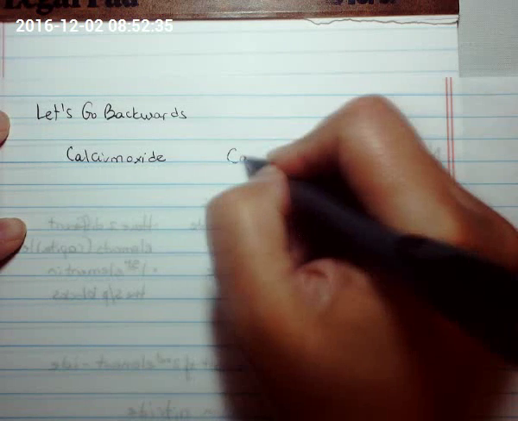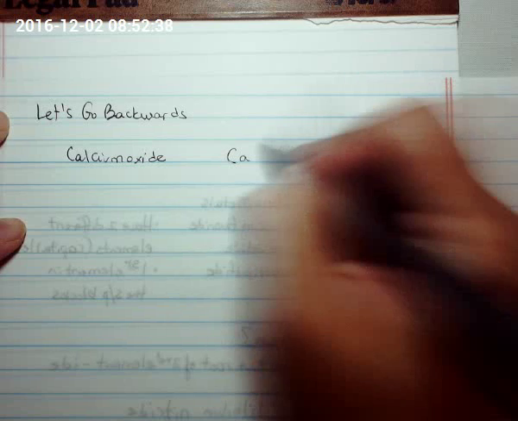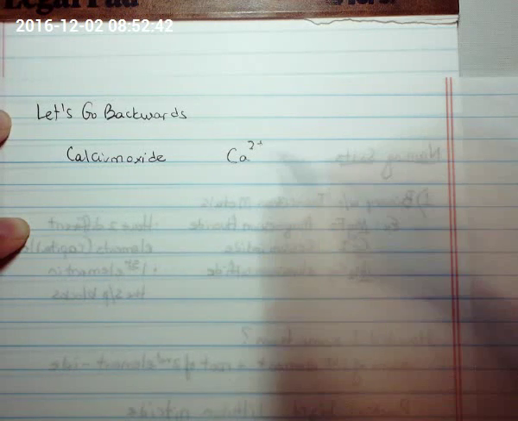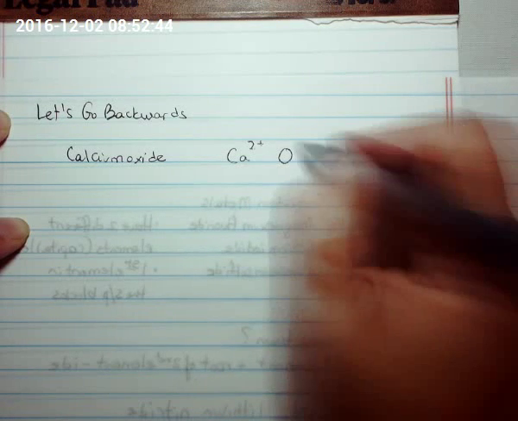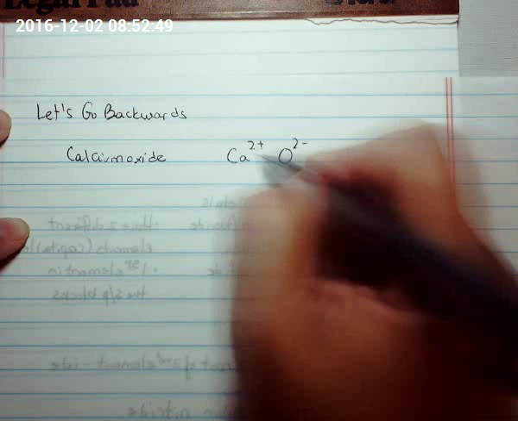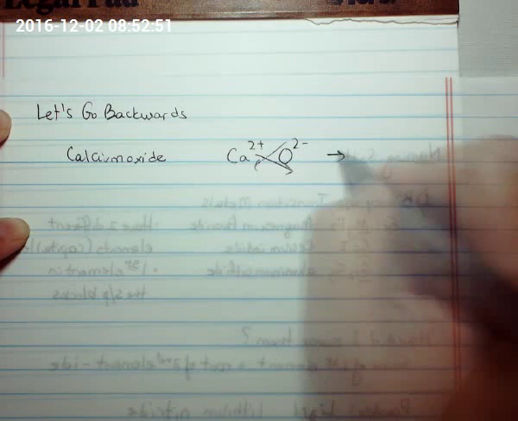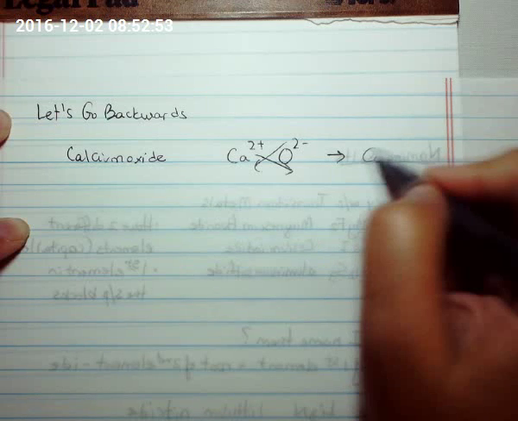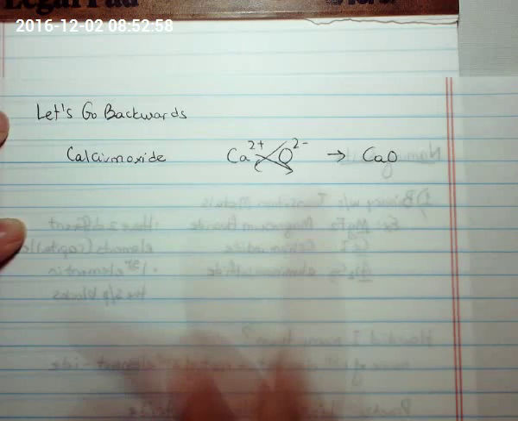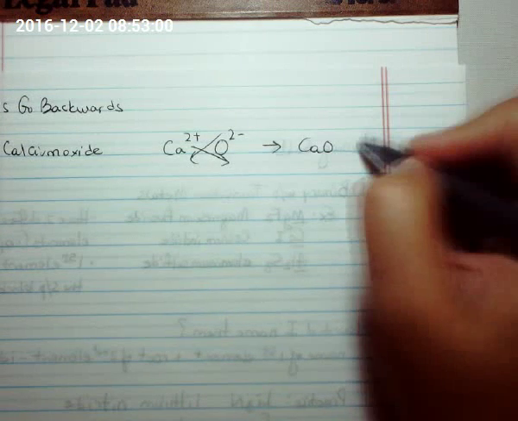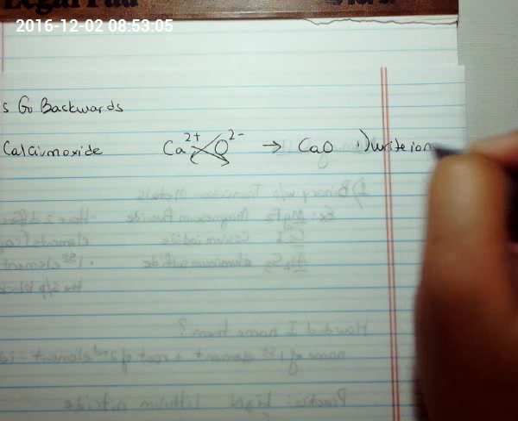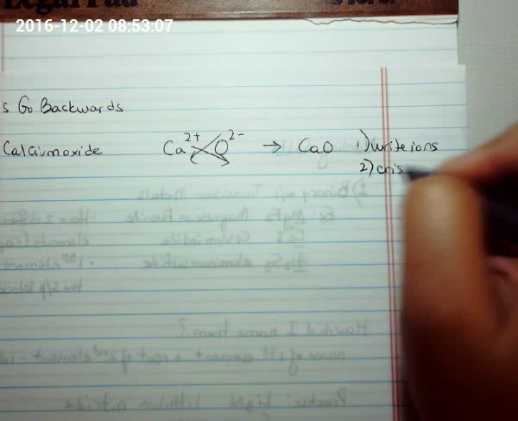It's Ca with what kind of a charge? 2 plus, and then I know that the second element in that is oxygen with what kind of a charge? 2 minus, and then what do I do with these ion formulas? You crisscross and reduce, so what do we get? CaO. So what do we essentially do? You wrote the ions, right? And then you crisscrossed.